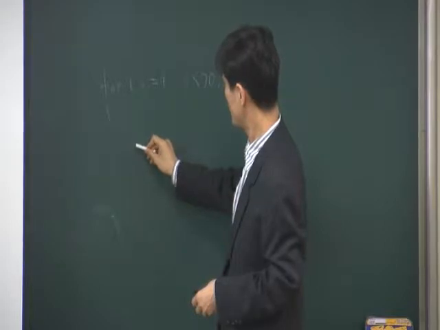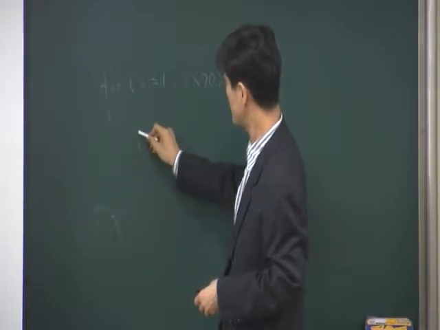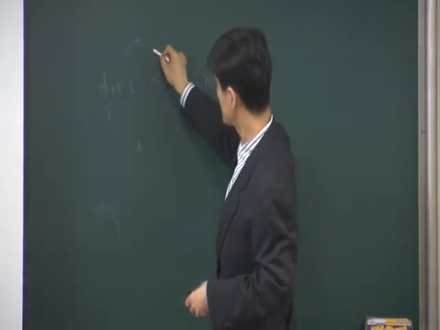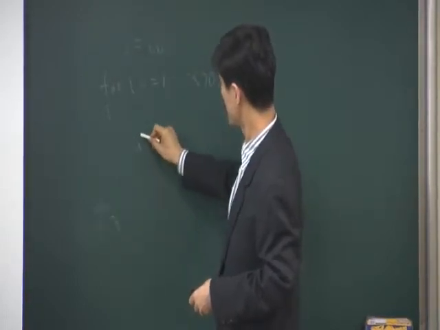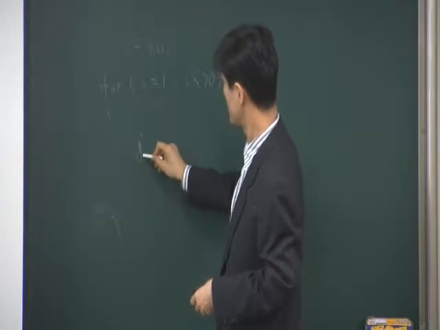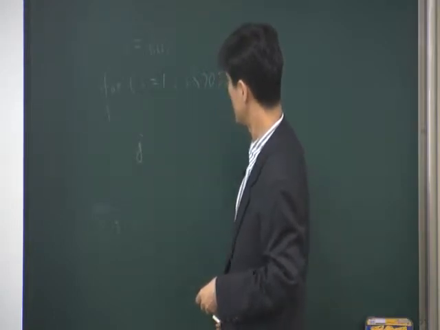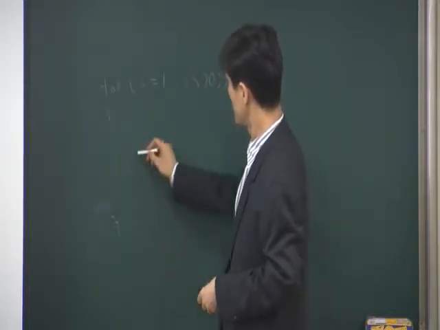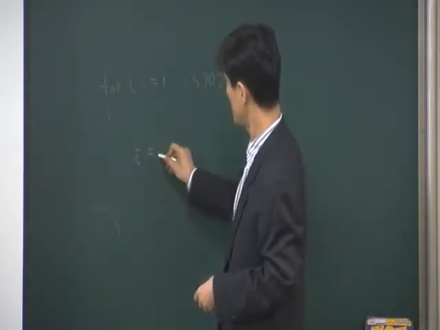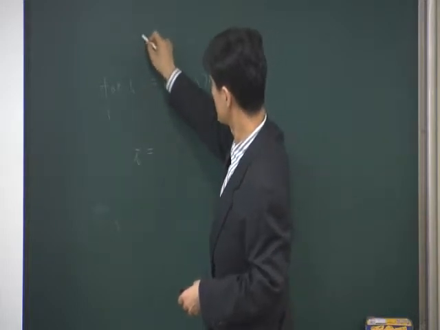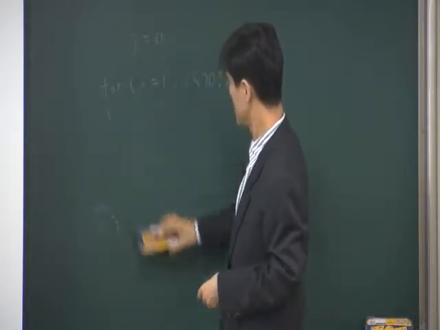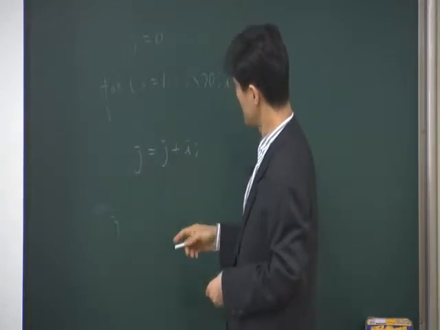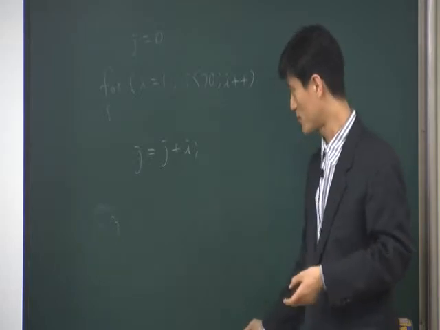And what I want to do is, let's say J equal to 0, J equal to J plus I. Let's say I want to do this.